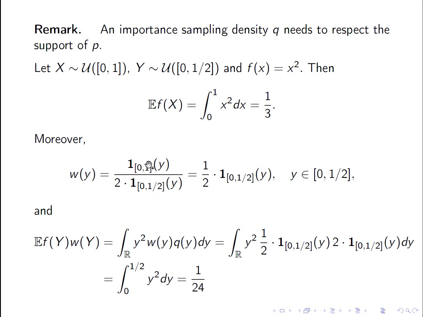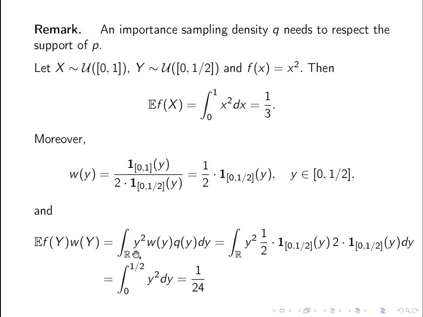And for this Y, we can compute the w. So w of y is the initial density p divided by the importance sampling density. Recall that w has to be only defined for the support of the importance sampling density. So we have this expression here, and we get 1/2 times this indicator function from 0 to 1/2. Now the importance sampling estimator would be f of Y times w of Y, and let's compute this expectation, and you can see it goes wrong from this support already.